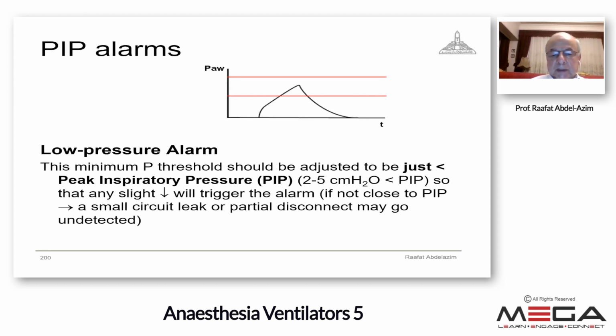Because the alarm will be triggered if there is a small circuit leak, while a partial disconnection will go undetected if the low pressure alarm is not adjusted properly.